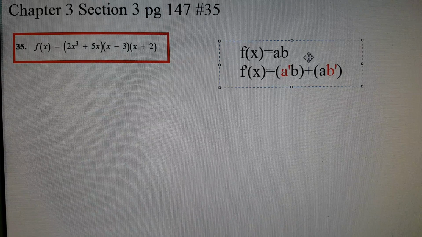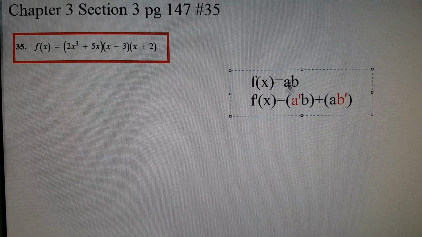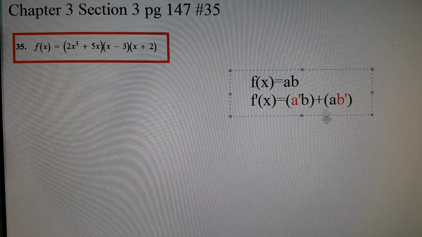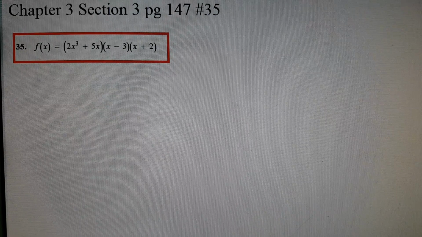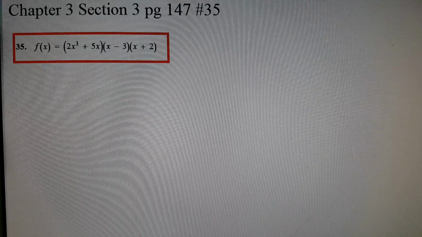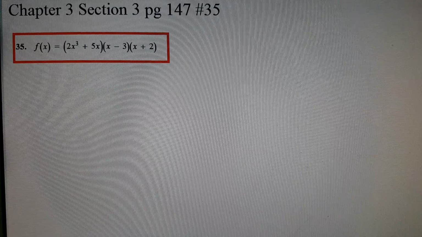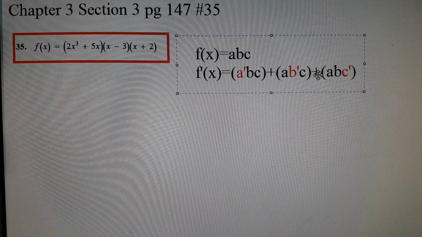You take the derivative of one term times the other one, plus the derivative of the second term times the first. So we use a similar process for evaluating the derivative of three terms being multiplied together, which is this rascal right here.